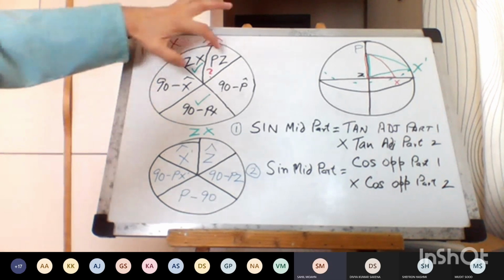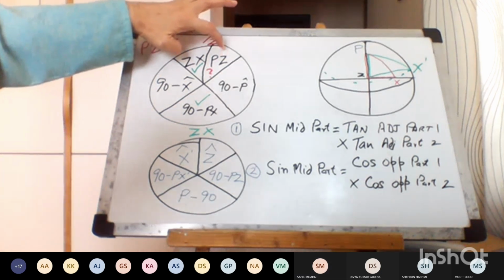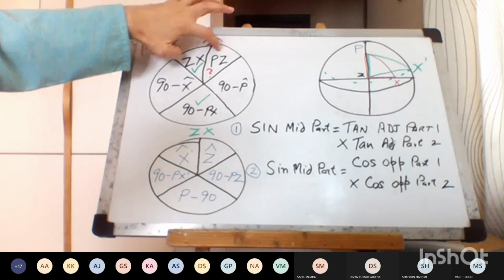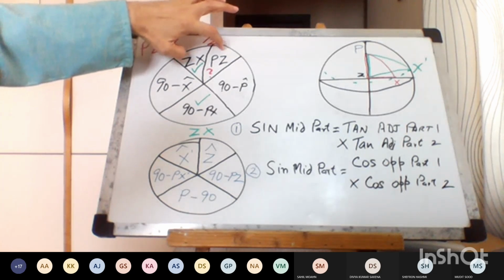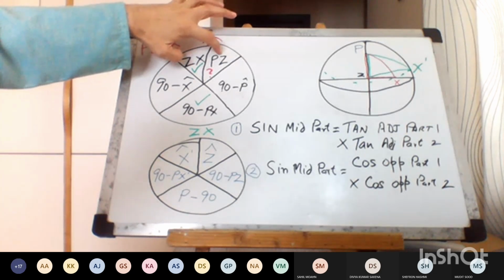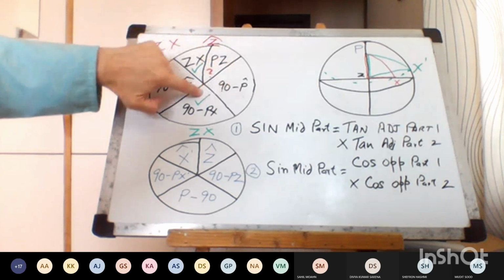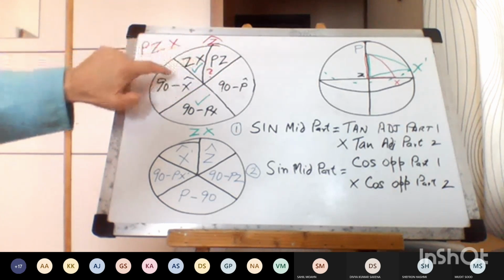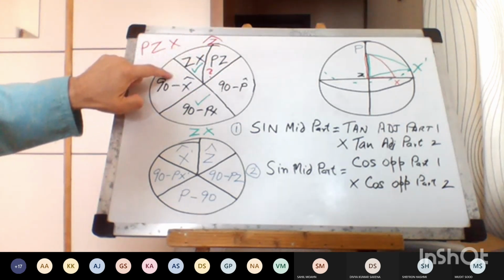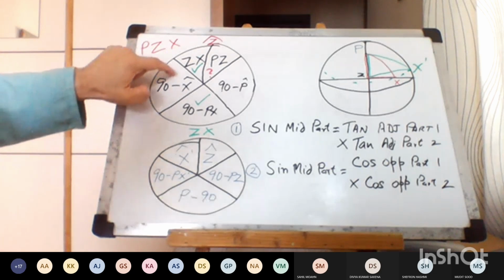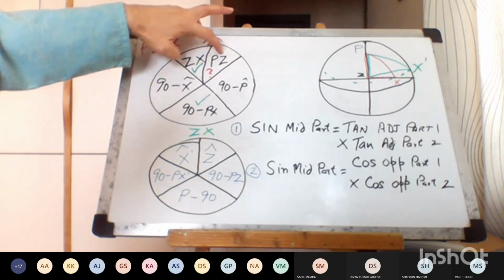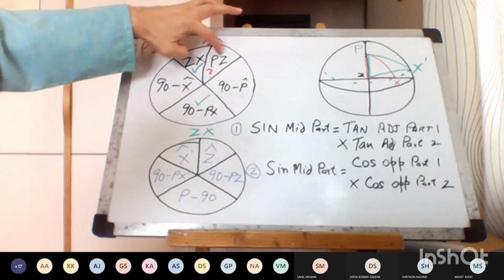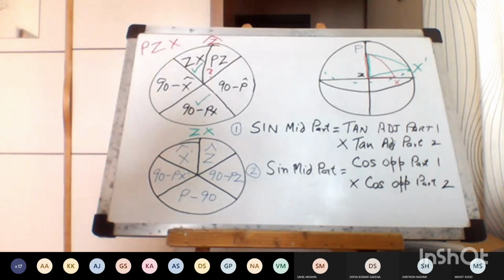Just because I have to find Pz does not mean that I have to keep it as the middle part. Because if I keep this as the middle part, then this one is okay, opposite, after leaving one, but this one is not okay. I don't know the opposite part. If I use formula 1, adjacent part, I know one adjacent, but I don't know the other adjacent. So I will not be able to solve the problem.